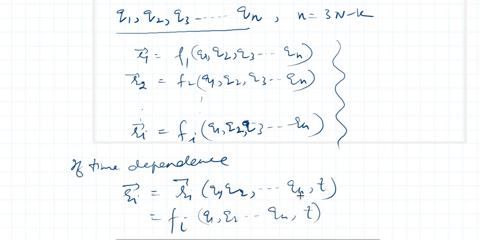So this is a brief idea of generalized coordinates, and why these coordinates are important. That's what we have learned today. Throughout the book and the course of classical mechanics, we will prefer to talk in terms of generalized coordinates. So that's all for this lecture.